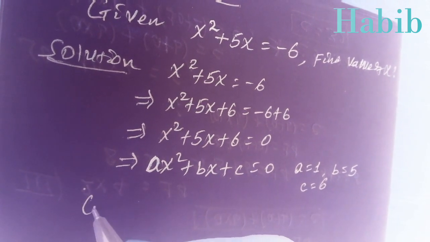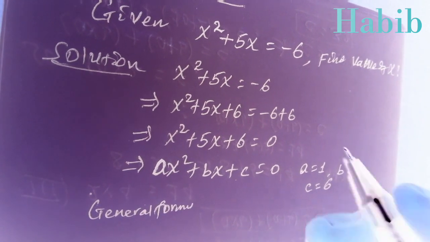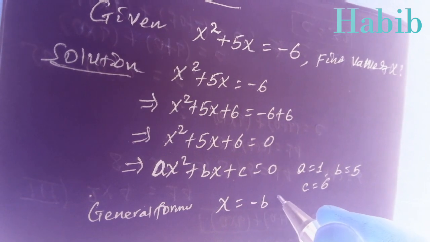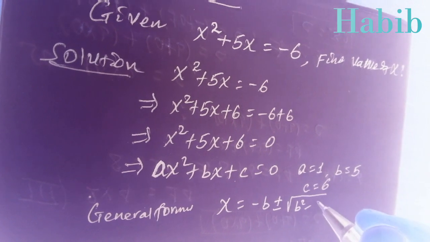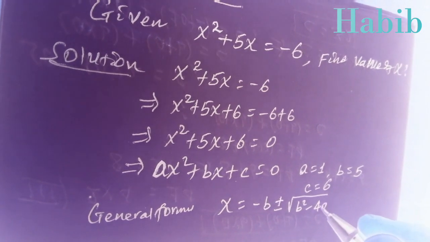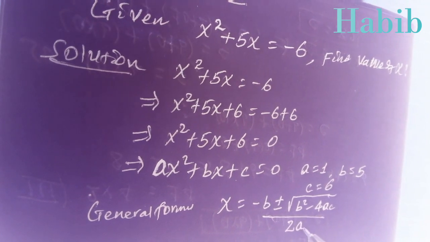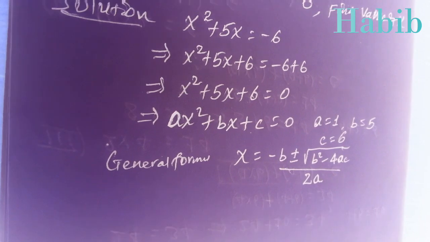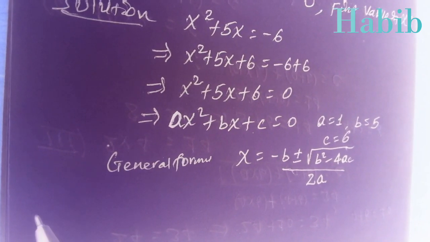our general formula to find the value of x becomes x equals minus b plus or minus the square root of b squared minus 4ac, the whole over 2a, where a, b, c are the coefficients of the variable.